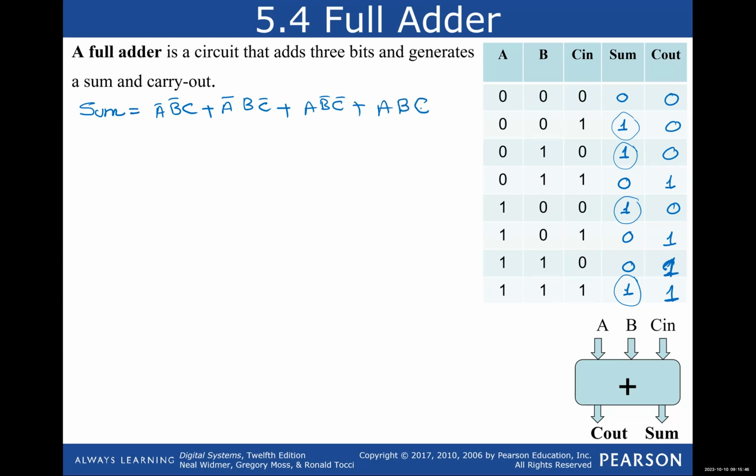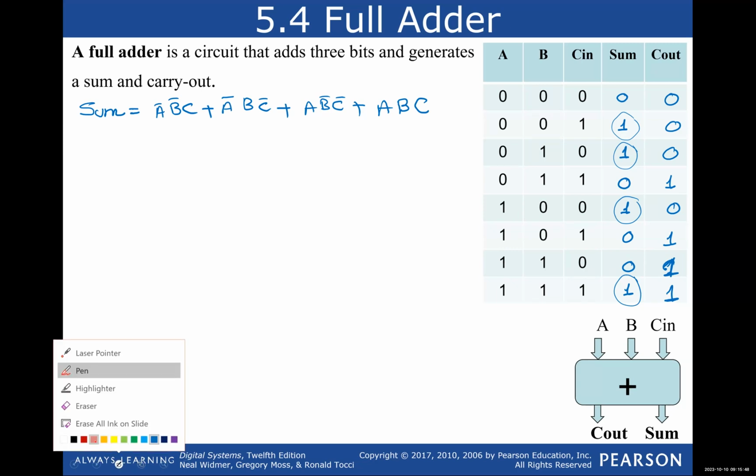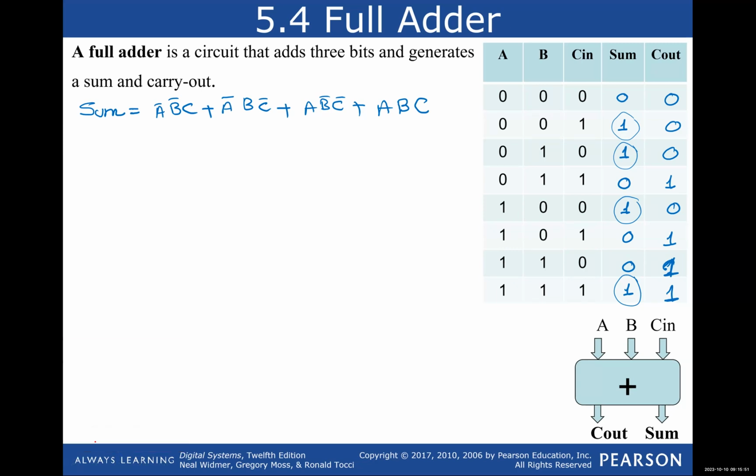Now we want to simplify this, and I want you to pay very good attention because we want to relate it to the half adder. When you're learning VHDL, you'll learn that I can create a small block and build a bigger block out of it and use it as many times as I want. When you're building an 8-bit plus an 8-bit in your lab, you don't have to build 8 full adders and write 8 codes.